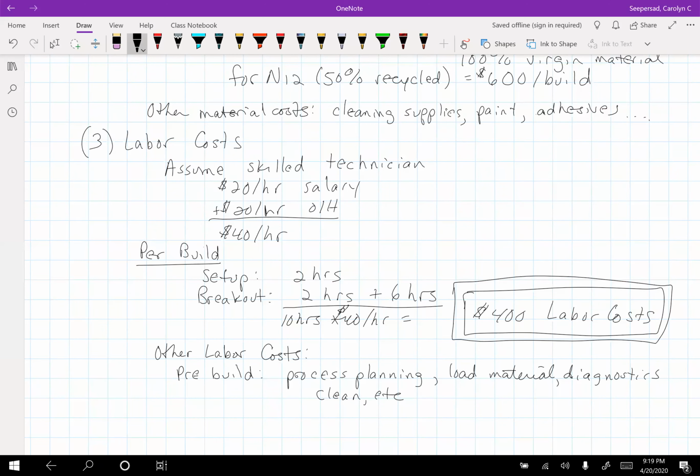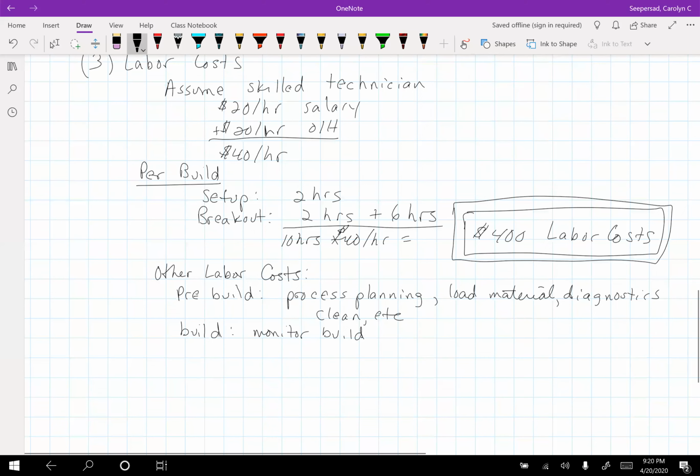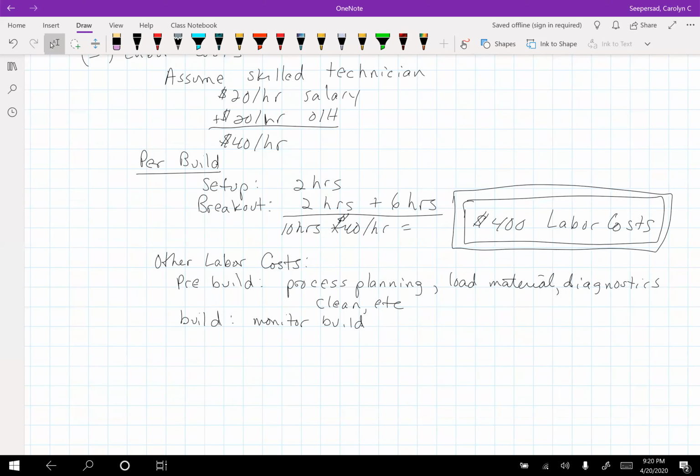During the build itself, you may need to monitor the build, check on it every so often, and restock materials depending on the process if that's needed. Post build, you've got finishing.